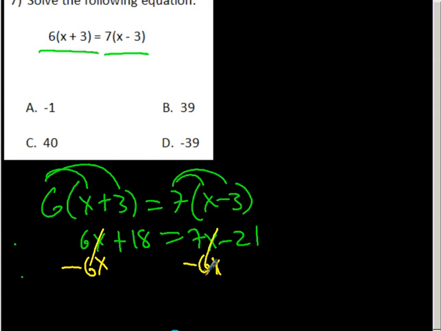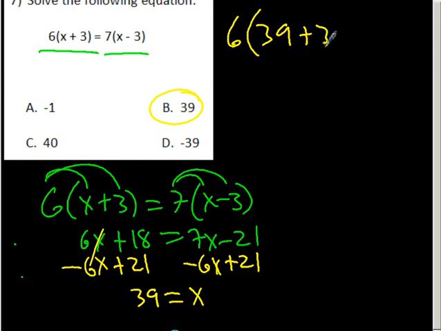I moved the 21 to the right, so I'm going to add 21 plus 21. 18 and 21 is 39, and 7x minus 6x is just 1x. So x is 39. Done. Okay, check.